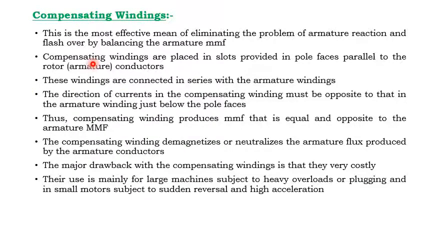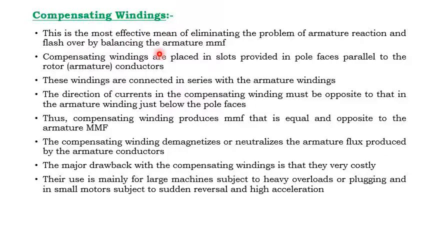Now there is one more method, called the compensating winding. This method is also used for eliminating armature reaction. You might have studied the compensating winding for elimination of armature reaction. Here also, in the commutation process, to obtain sparkless commutation, we use the compensating winding.